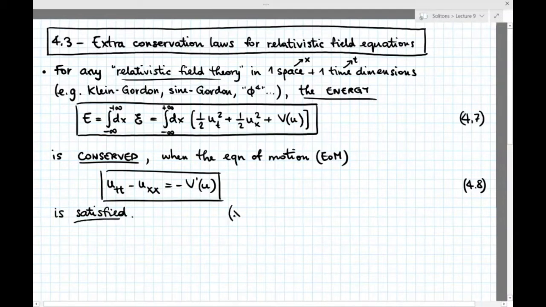As an exercise, please check this statement along the lines of the previous example. We'll rederive it later in a different way, but it's instructive to do this exercise. So please pause the video now and check that the energy is indeed conserved. You will have to assume some boundary conditions that you can derive from the general form of the energy in equation 4.7.